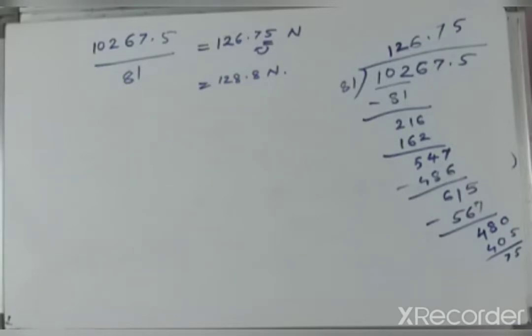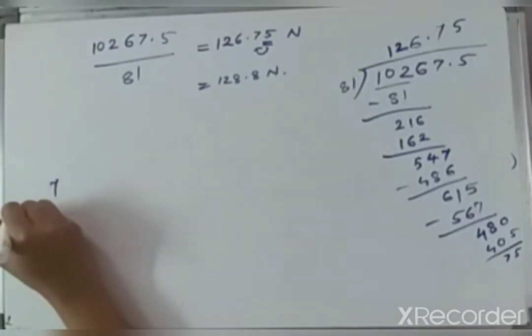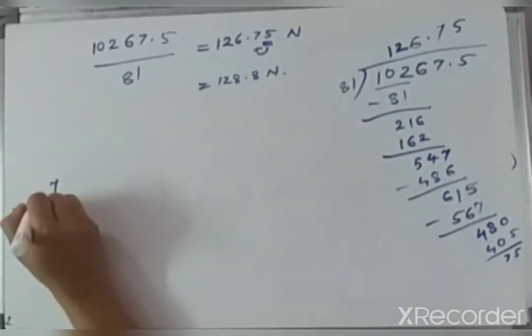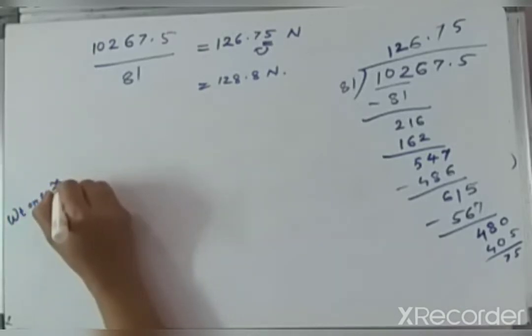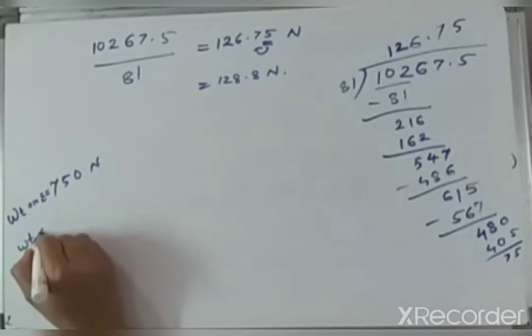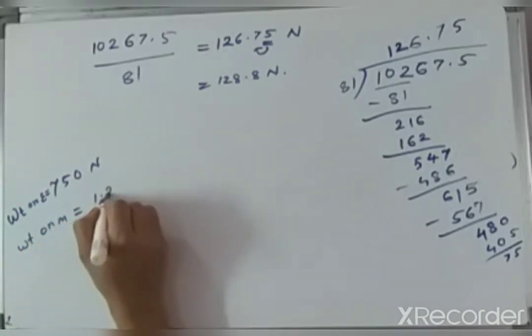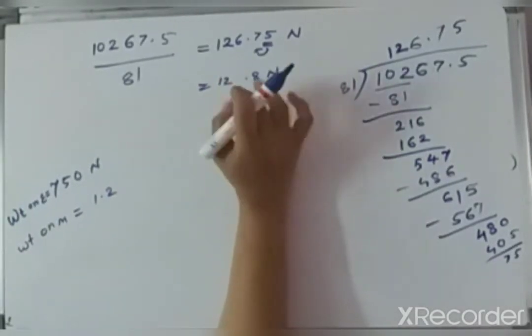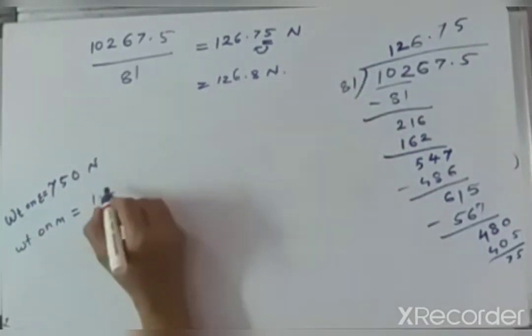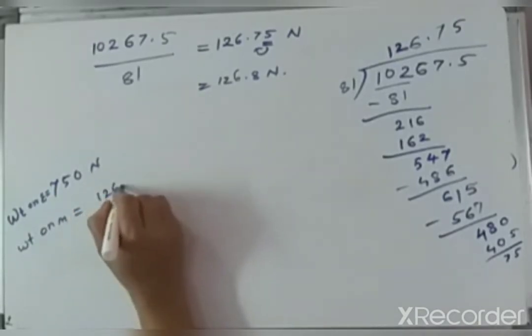Now if you check the value, weight on earth is 750 newtons, and here this is the weight on moon, 126.8.